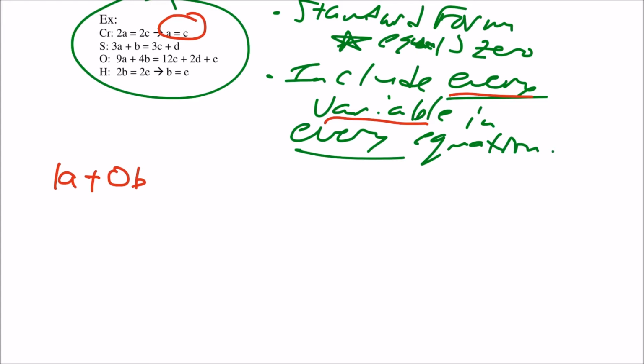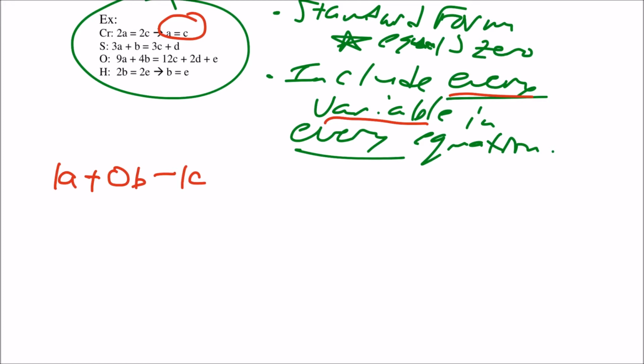So we're going to put 0B. Also, since everything has to be equal to 0 and the C term is on the other side of the equal sign, we're going to have to subtract C to the other side so that we can set that equal to 0. That means that down here we're going to write minus 1C, okay?